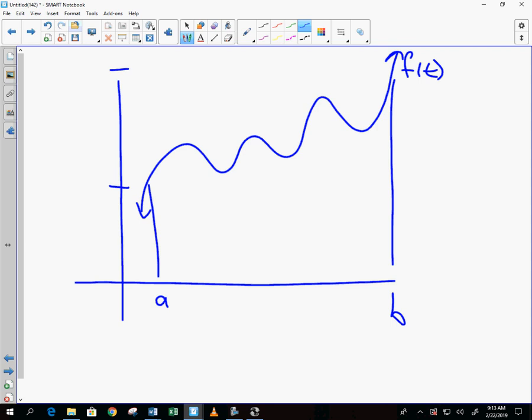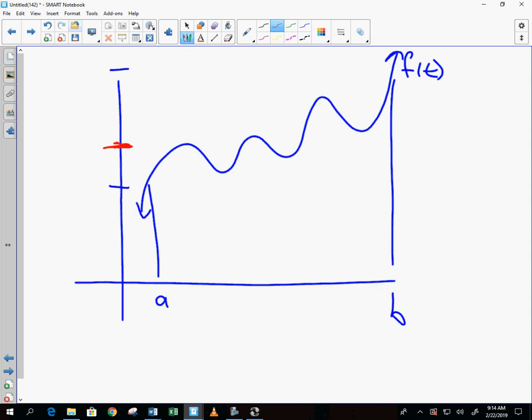If you were to say what the average height of that function is between those two spots, where do you feel like it would be? You tell me when to stop. Right about there? So you're saying not quite halfway because there seems to be a lot of low spots, right? So you'd say this is the average height. If you take all the low spots and all the high spots and average them out together, it's going to be about here.